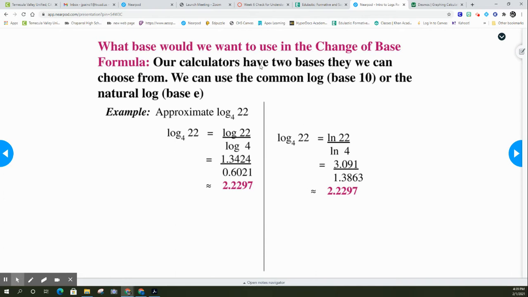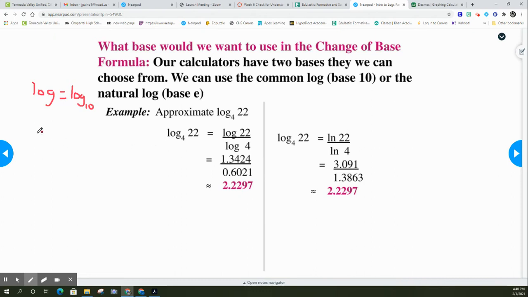With the calculator's help, we can approximate any logarithmic expression. Our calculator has 2 bases. It does base 10, which we call the common log. When you just see log on your calculator, that log button is automatically base 10. So that equals log base 10.